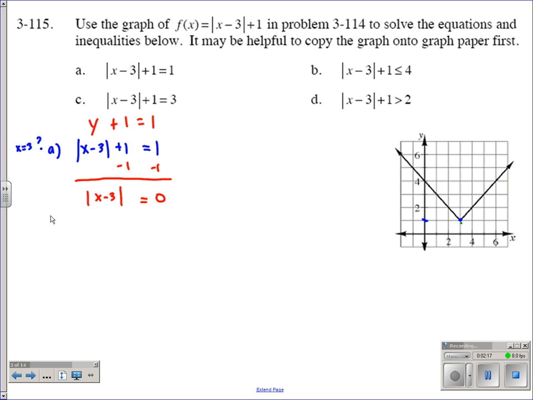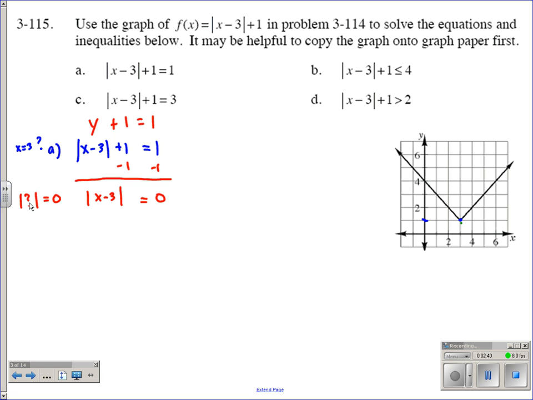Now let's think about common sense here. We know absolute value is the distance a number is from 0. So if I was trying to plug in some number in here, what number is 0 units from 0? Well, there is only 1, right? That number would have to be 0.